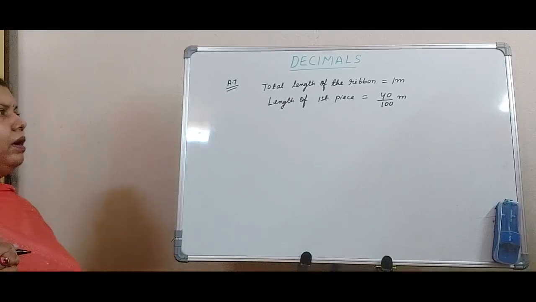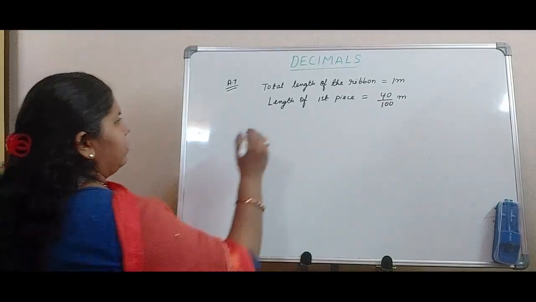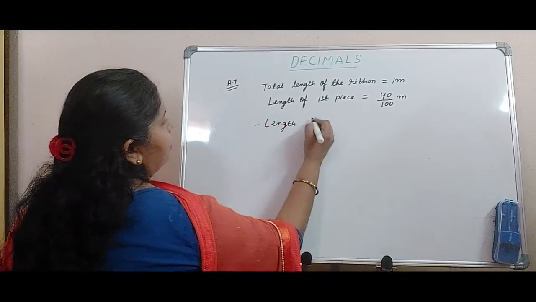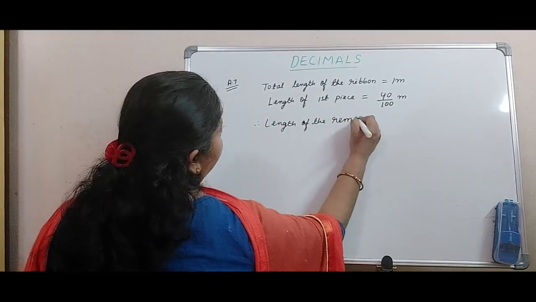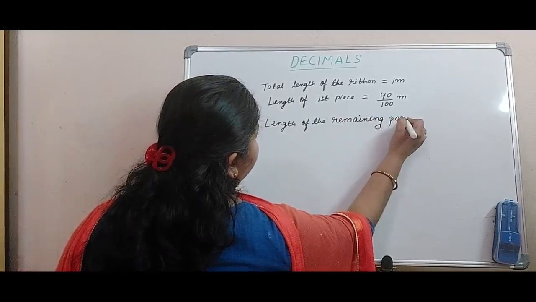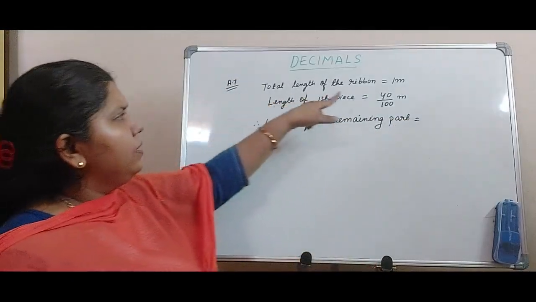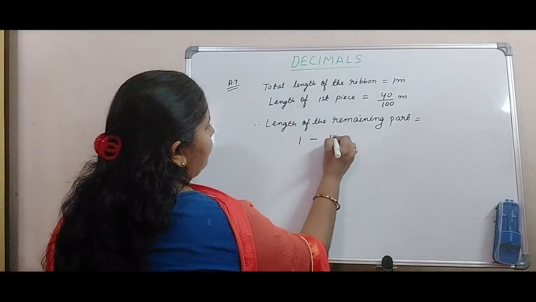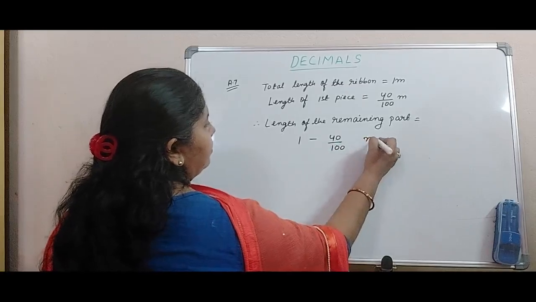Now we have to write down what is the length of the remaining part. So write down, therefore, length of the remaining part equal to, the total length is 1 meter, so it is 1 minus 40 by 100 meter.